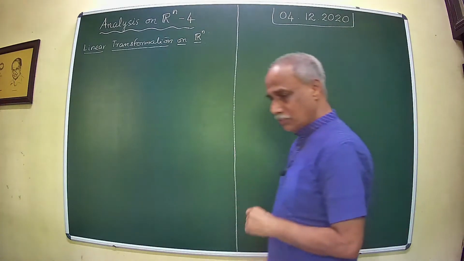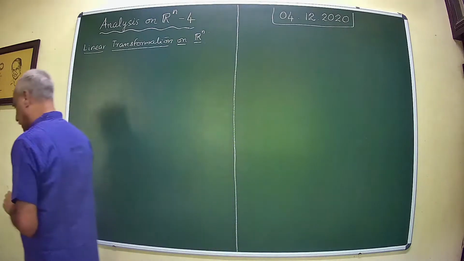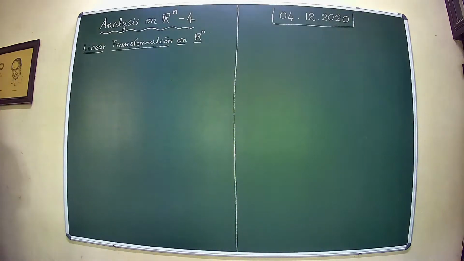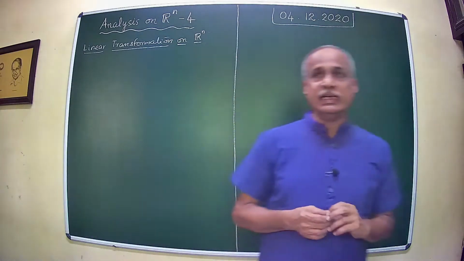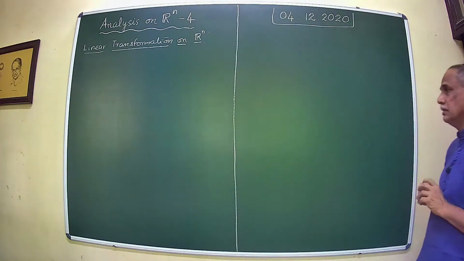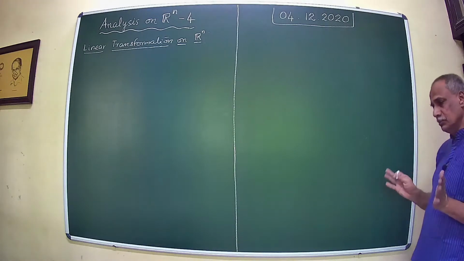And now we have defined what a linear transformation is, and we also observed that a linear transformation always maps the 0 vector to 0.